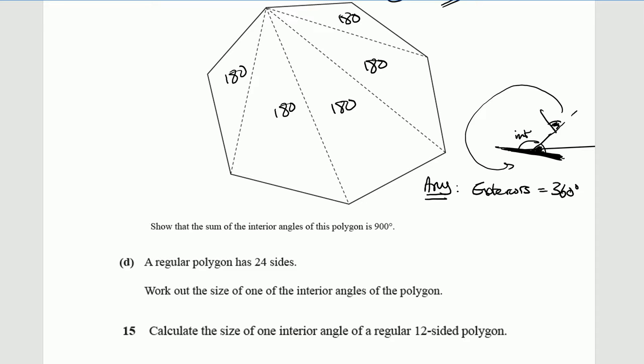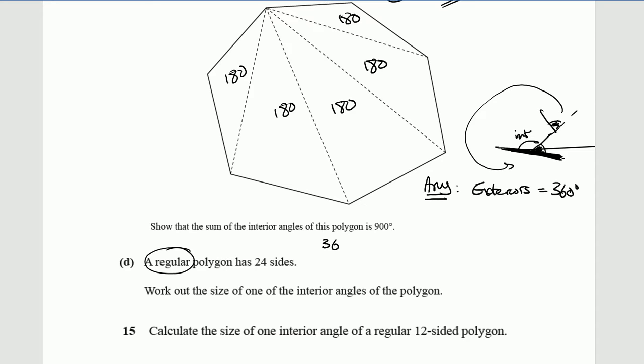If a polygon is regular, then every example of every different type of angle is the same. All the exterior angles are the same, and all the interior angles are the same. So a 24-sided polygon will have 24 exterior angles. They'll all be the same because it's regular.